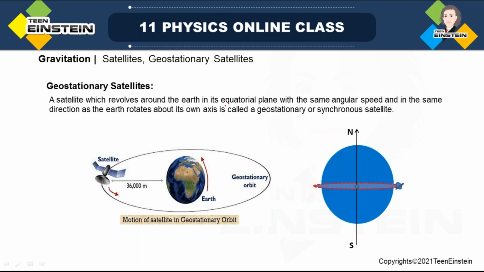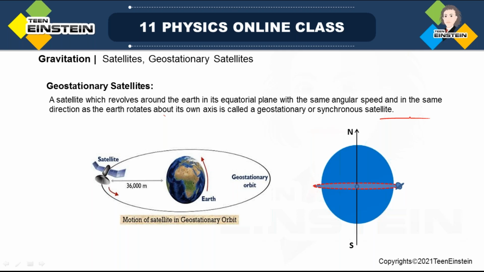A satellite which revolves around the Earth in its equatorial plane with the same angular speed and in the same direction as that of the Earth rotating about its own axis is called a geostationary or synchronous satellite. Okay, so this is about the geostationary satellite.